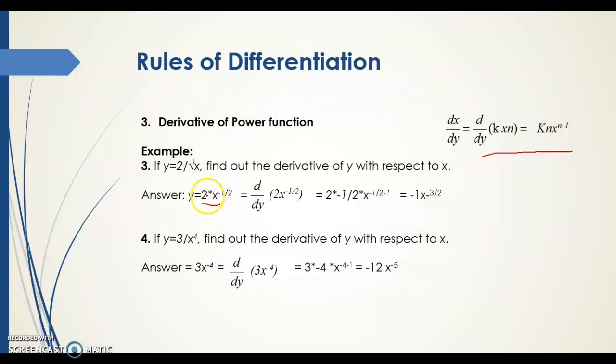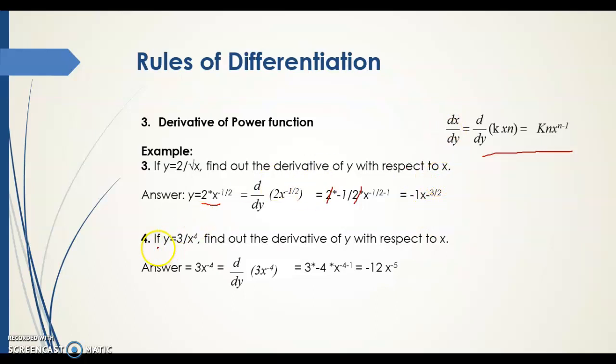So in this case it will be 2 multiplied by minus 1 by 2 multiplied by x raised to power minus 1 by 2 minus 1. So this will become minus 3 by 2, and in this case 2 and 2 will get cancelled. So the answer is minus 1 into x raised to power minus 3 by 2. I hope this is clear.